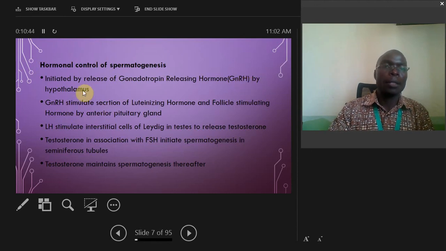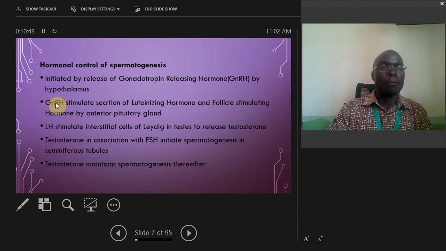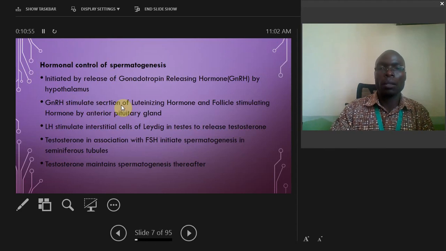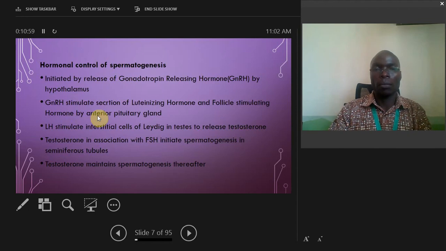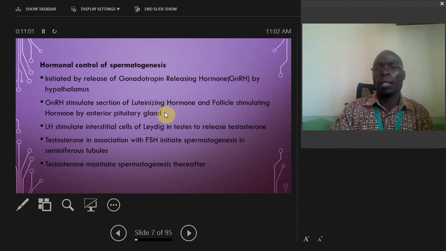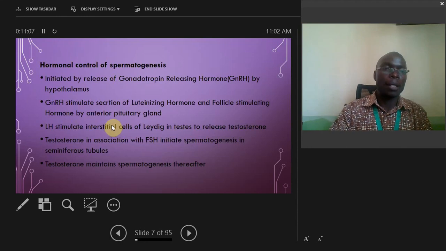This hormone is secreted by the hypothalamus. Now, gonadotropin releasing hormone in turn stimulates the release of another hormone called luteinizing hormone and also follicle stimulating hormone. These two hormones are secreted by the anterior lobe of the pituitary gland.